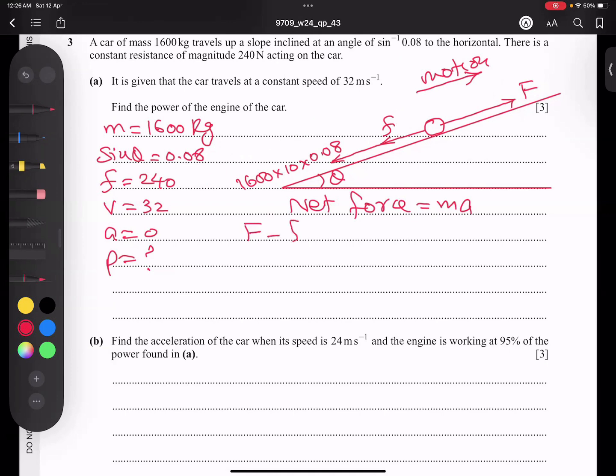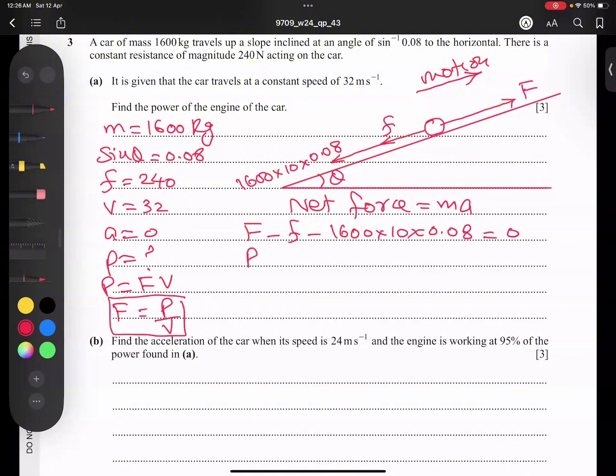So capital F minus small f minus 1600 into 10 into 0.08 equals 0 because acceleration is 0. And you know, the power formula is F into V. If I bring the speed down, so the F formula is power by V. So this formula I'm going to use here.